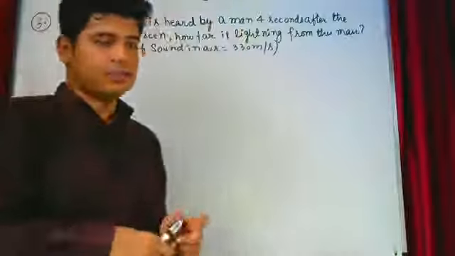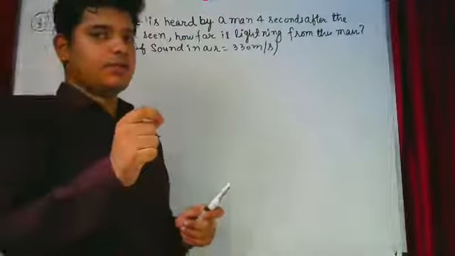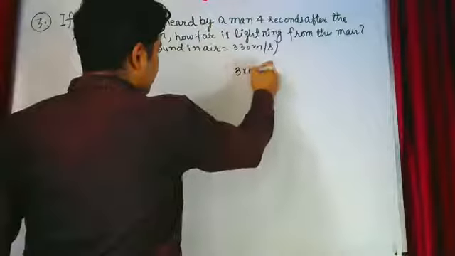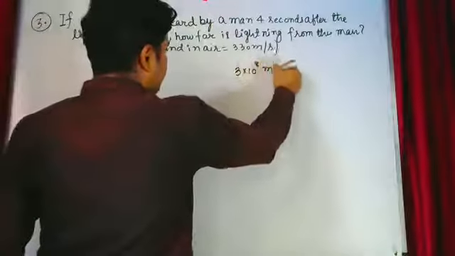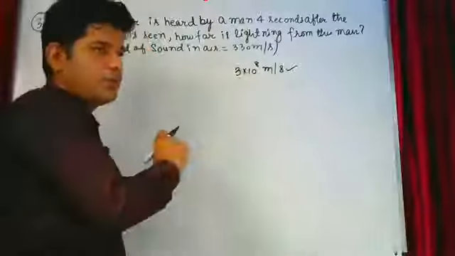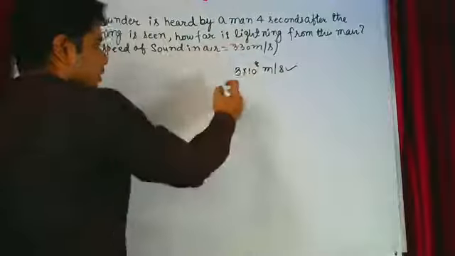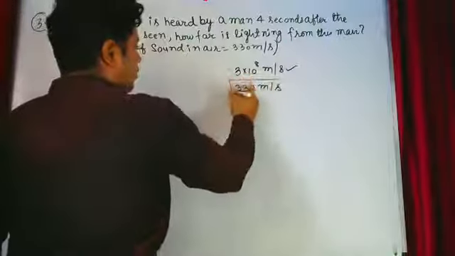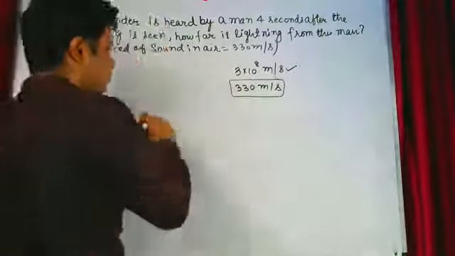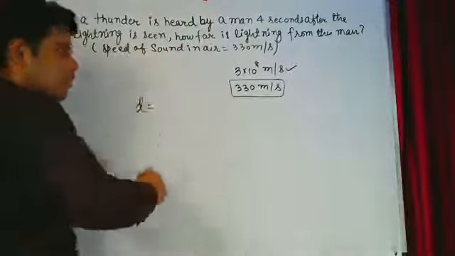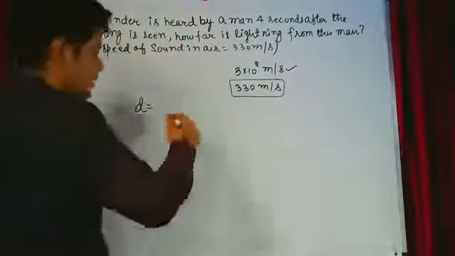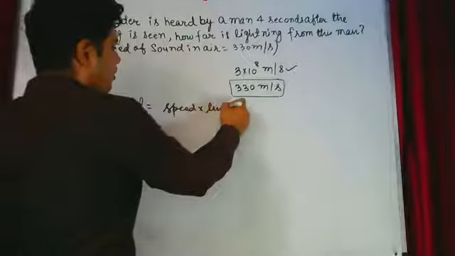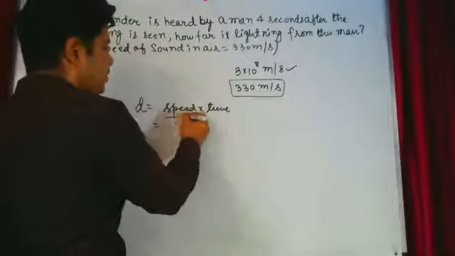Now there is a concept that light travels with a higher speed of 3 into 10 to the power 8 meter per second. It is a very high speed as compared to the speed of sound. So what is distance? For constant speed, distance is speed into time. What is the speed of sound?